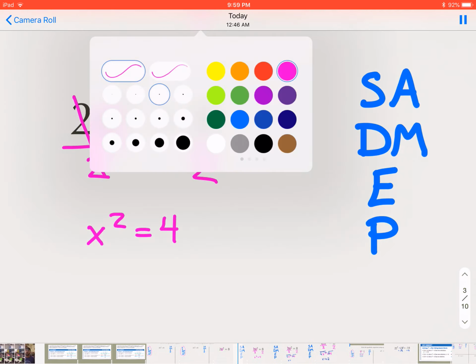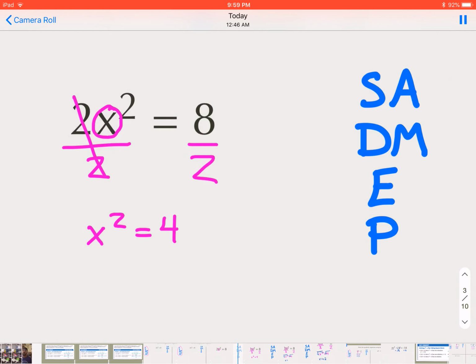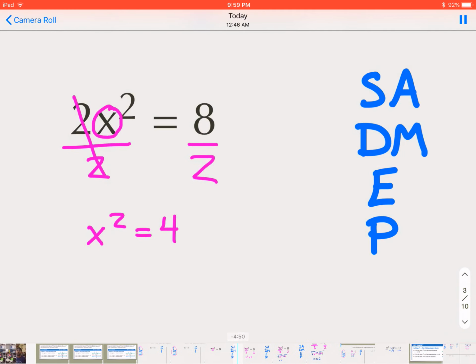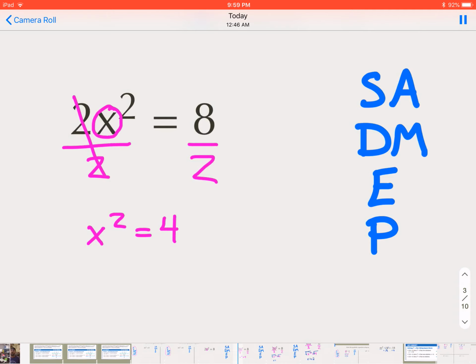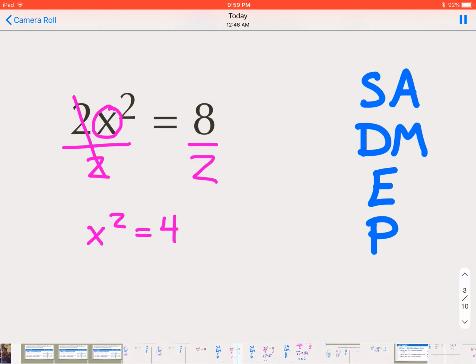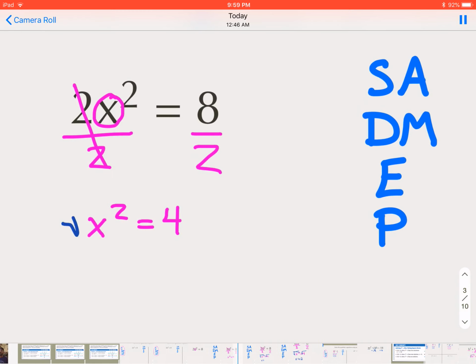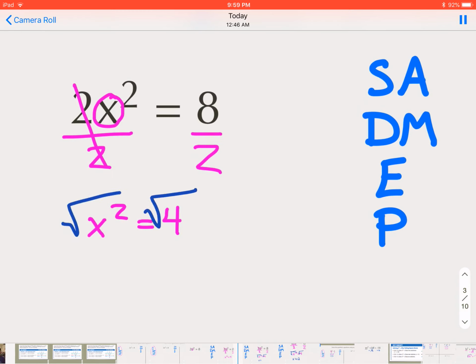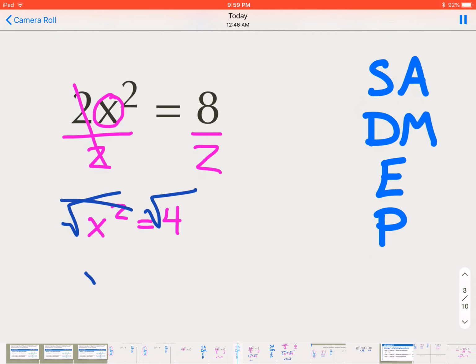Just like the previous step where I had x squared times 2, so I divided by 2, I did the inverse. Now I have x to the second power. The inverse of taking a number to the second power is taking the square root. So I am going to take the square root of both sides. The square root and the squared symbol cancel each other out, which leaves me with just x on the left side.